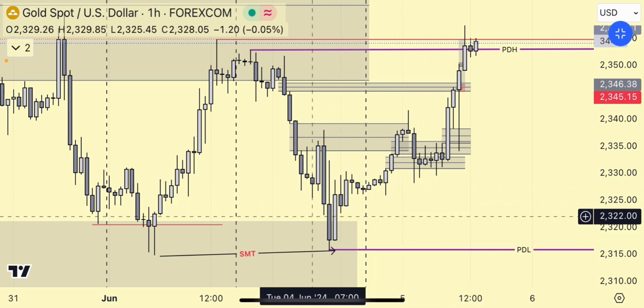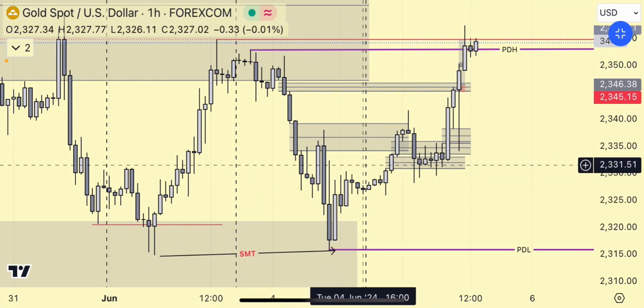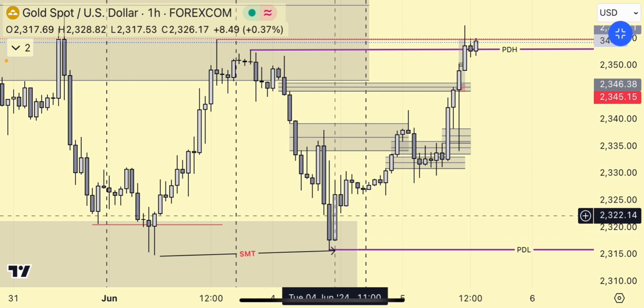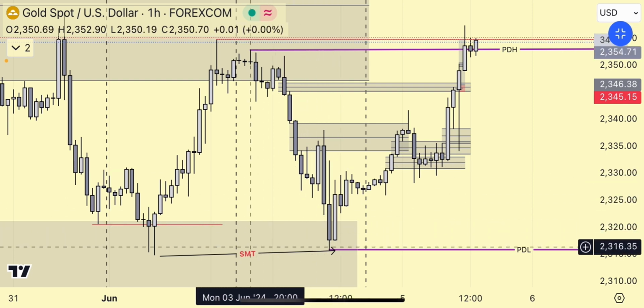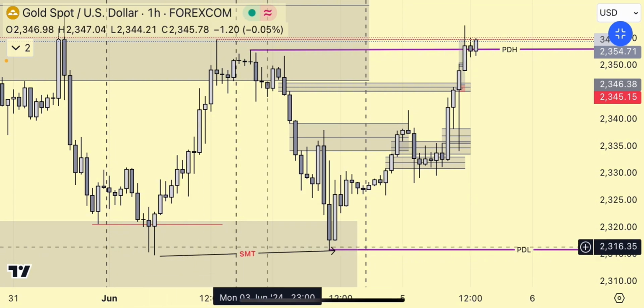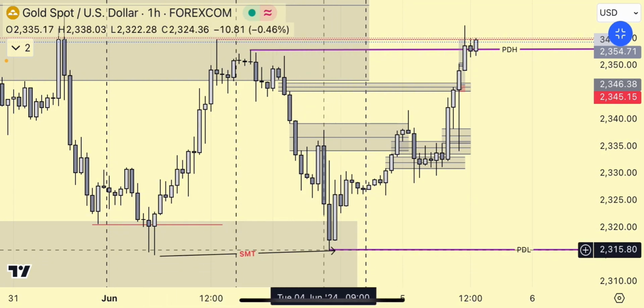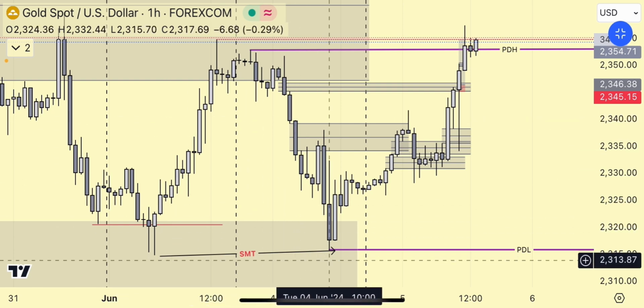We closed on the 4th of June as a reversal, and as a result of this reversal we have this smart money time, a change of delivery from bearish price action to bullish price action.